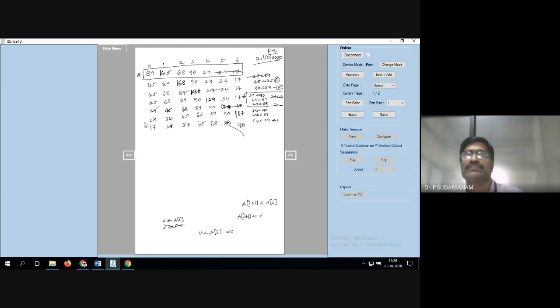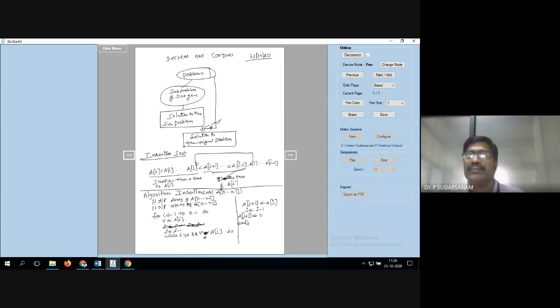In that case the while loop will become false, so it will come out. Now j is equal to minus 1, so what you have to do is a of j plus 1 is equal to v. That is the last location: a of j plus 1 is equal to v. That is nothing but the for loop with these statements, and under the while statement these two lines.